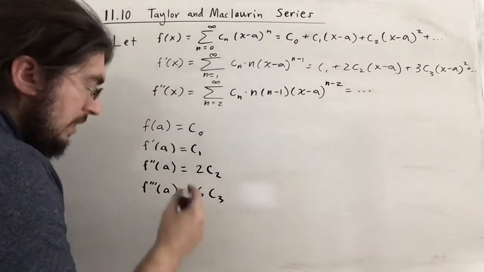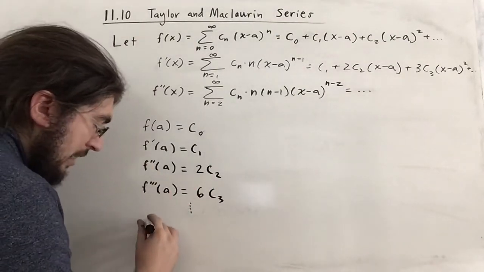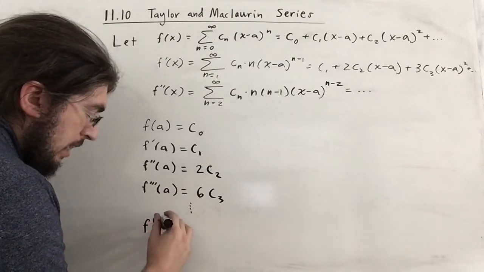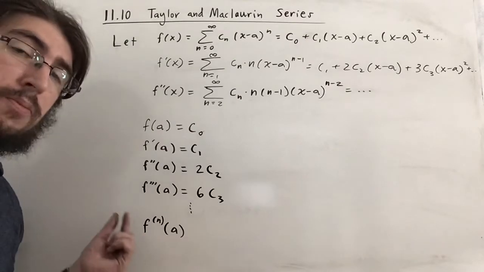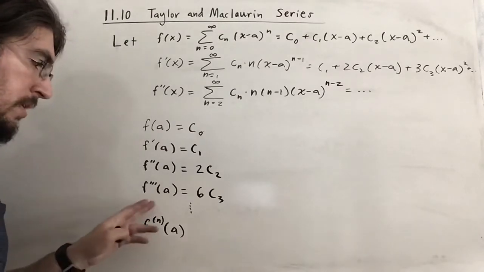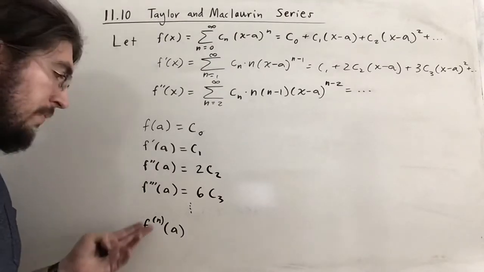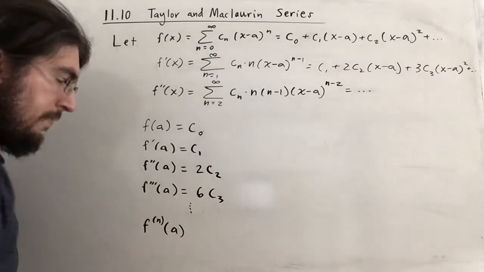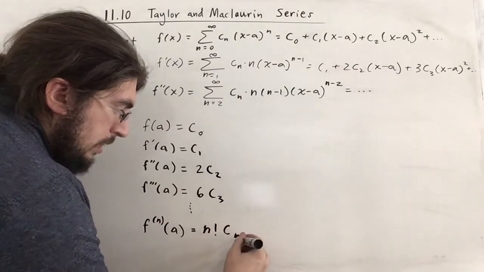Now, as you go down this process, what you basically get is the following. The nth derivative of f evaluated at a, where the parentheses around the n indicate the derivative, meaning how many primes there are, equals n factorial times c sub n.